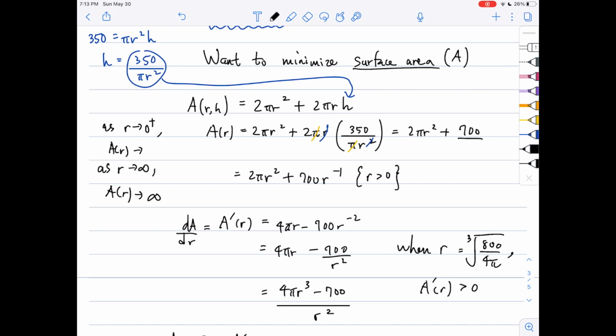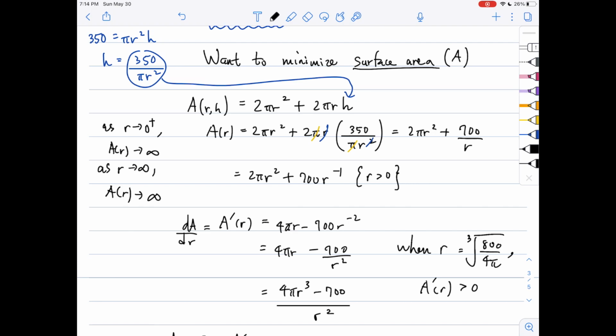So as the radius goes to 0 from the right side, this part's going to go to 0. As the radius goes to 0, r squared goes to 0, and this goes to 0. But as the radius goes to 0 from the right-hand side, 700 divided by that small positive value is actually going to go to positive infinity. So I guess what I'm saying is you're going to positive infinity as r goes to 0 or as r goes to infinity.